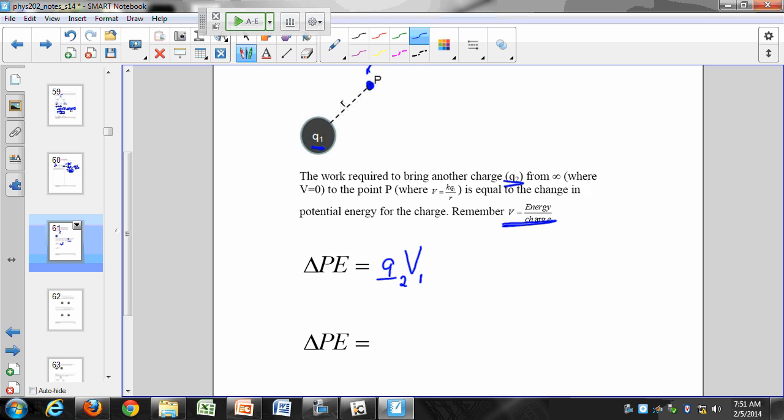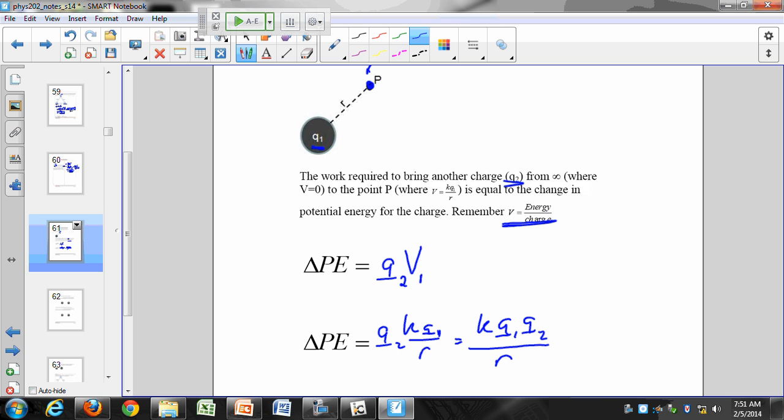The charge of that second charge that I'm bringing in times the potential due to the first charge. And that's how my potential energy is being changed. And so I can get then an expression here, Q2 times K Q1 over R. Or I can rewrite this as K Q1 Q2 over R.